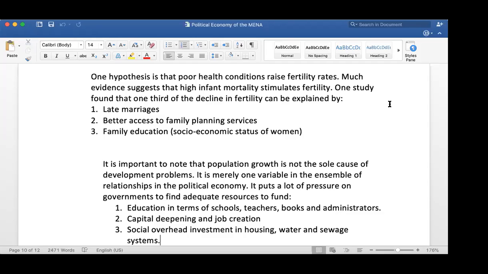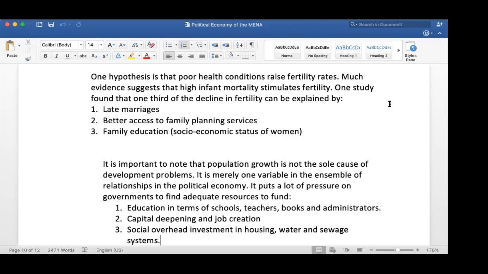Or it could spend that money for other purposes such as housing, roads, water, sewage systems. And that's exactly what happens when population growth is very high. In other words, the government here will have to make a choice. What do we do?